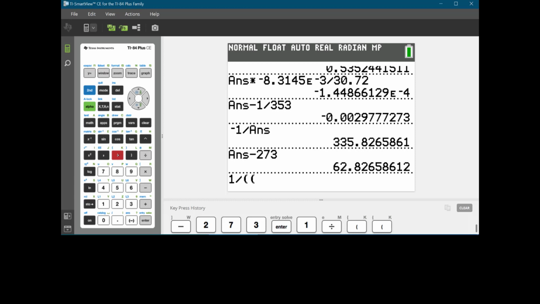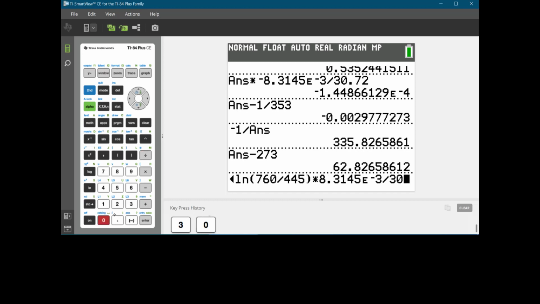I'm going to do natural log of 760 divided by the 445. Alright, close that one. Now I got to times it by 8.3145 times 10 to the negative third, and divide by 30.72. Alright, and that's the first term. Close.